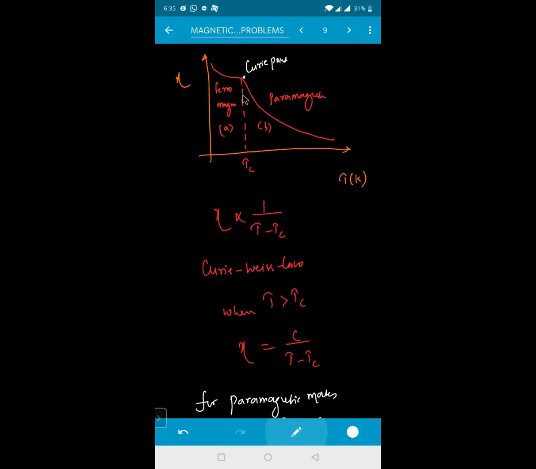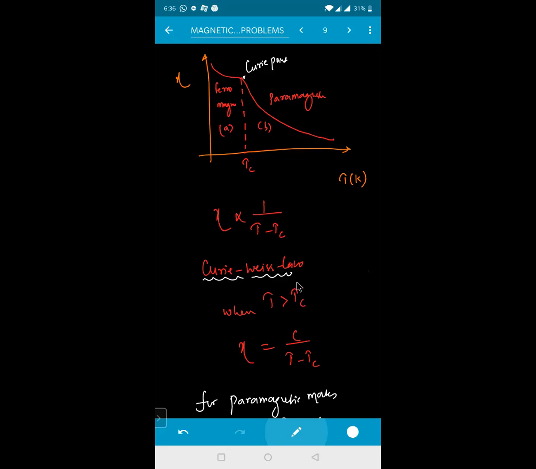So according to this law, at a temperature above the Curie temperature, the magnetic susceptibility of a ferromagnetic material is inversely proportional to T minus T naught. So these are some of the basic things you need to remember.